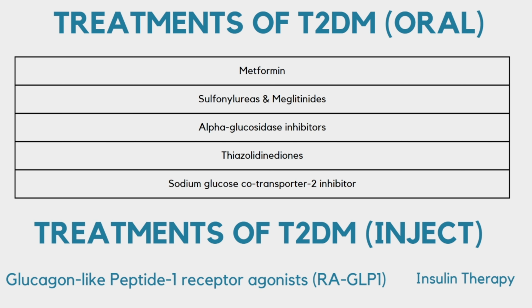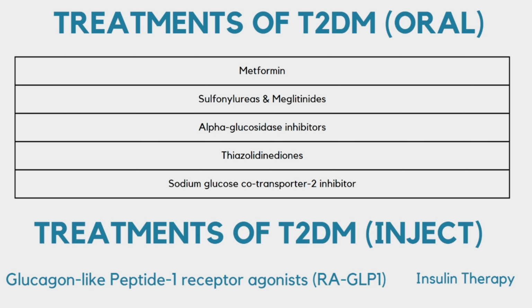Gluconeogenesis happens during the fasting period because you are hungry, the blood glucose is not enough, and glucagon is secreted. So this is metformin.